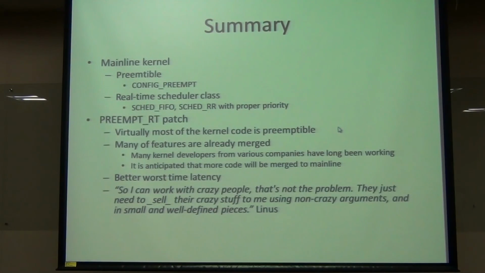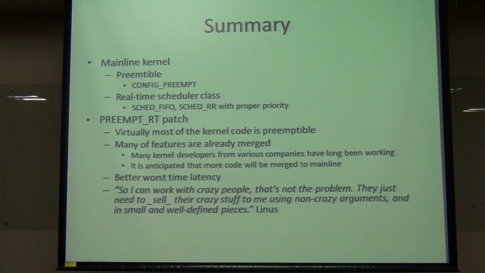That's the main idea. If you use the mainline kernel, you could use CONFIG_PREEMPT and then SCHED_FIFO, SCHED_RR with proper priority. If you use the PREEMPT_RT patch, then virtually everything can be preemptible.